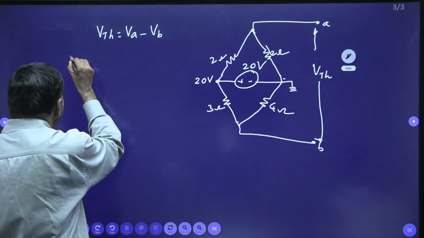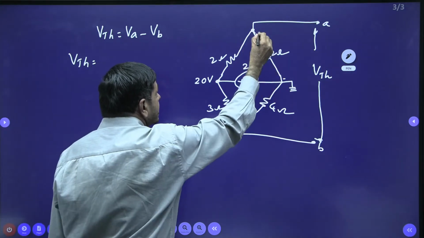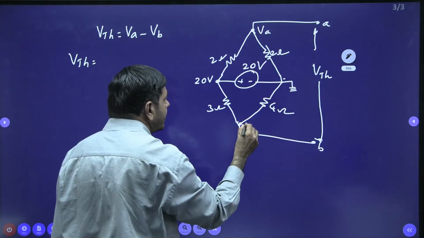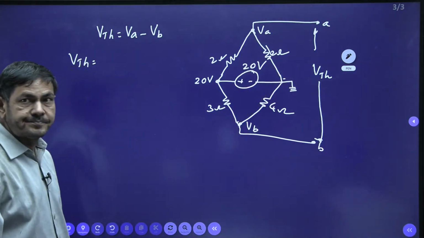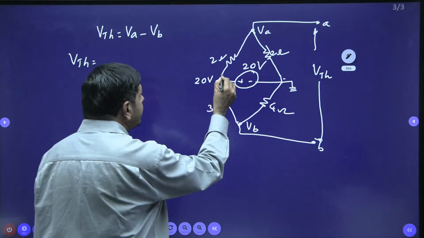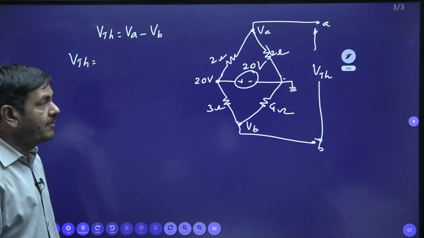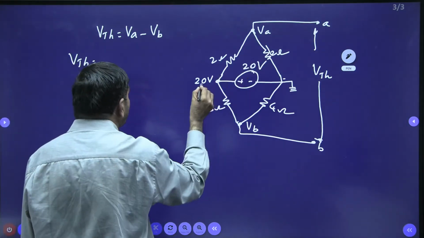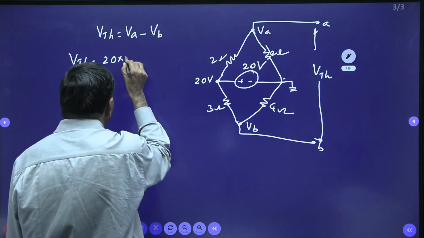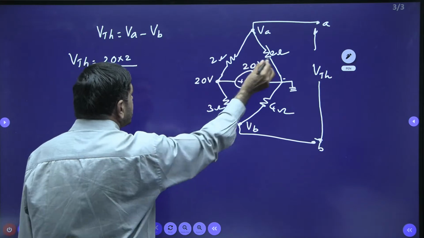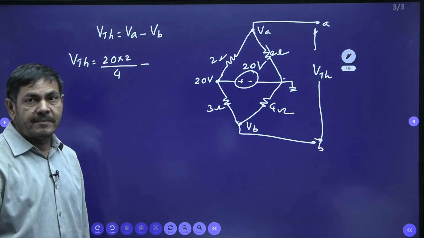I can write VTH equals VA minus VB. This is the VA value, this point is VB. VA is nothing but the voltage across these 2 ohms. Whenever the same current is passing through 2 ohms and 2 ohms, we can apply the voltage divider formula. So VA is 20 into 2 by 2 plus 2, that is 4, minus VB.